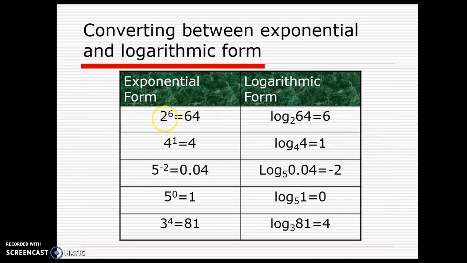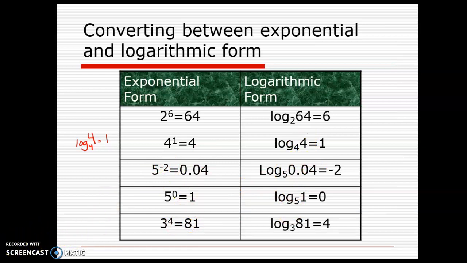Which is a favorite? 2 to the 6th equals 64. Log base 2 of 64 equals 6. A lot of people will write exactly the way I just showed you. 4 to the 1st equals 4. Log base 4 of 4 equals 1. And that's perfectly fine. But you want to make sure that you can go between exponential form and logarithmic form.